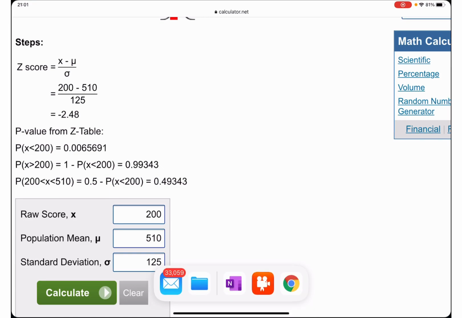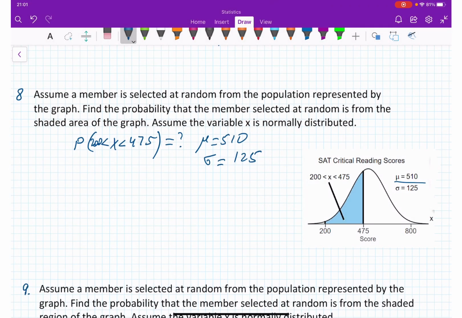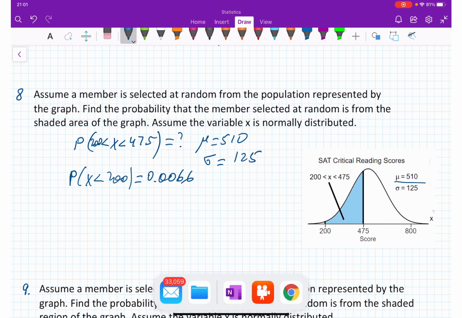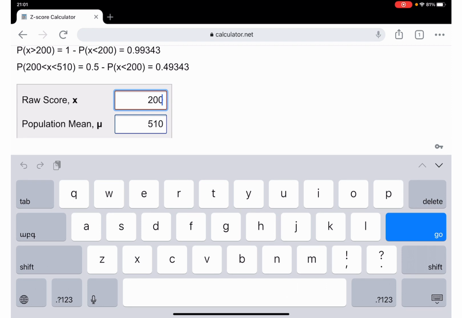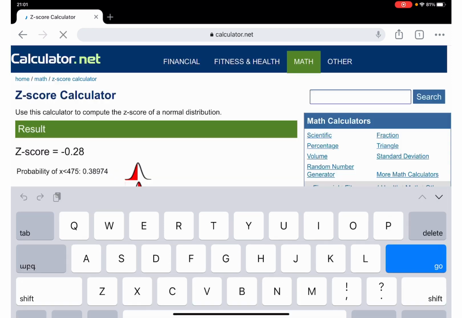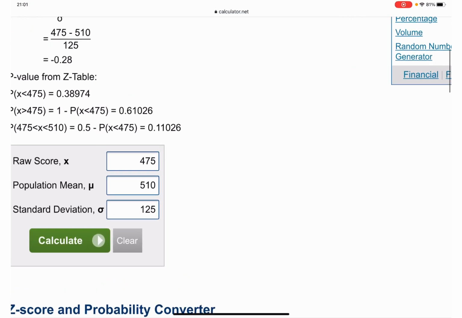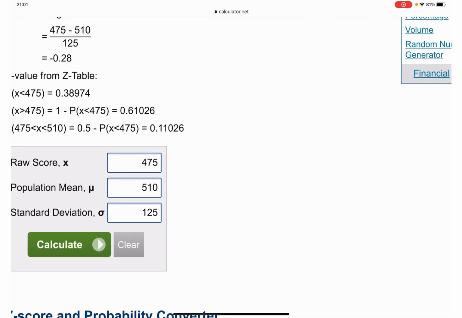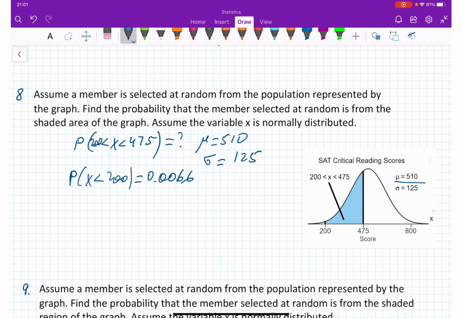Okay, probability for x less than 200 is 0.0066. Now let's plug 475. It's going to be 0.3897.